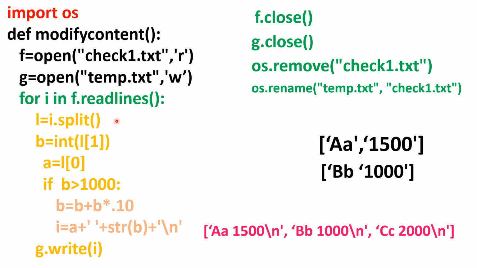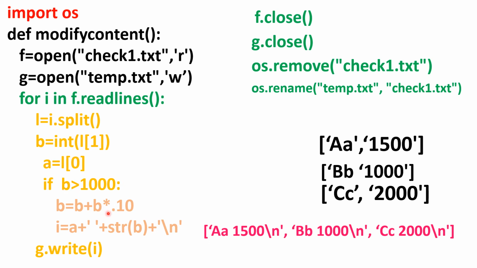Again the loop will move up and pick the third record, that is CC 2000, and after splitting it, it will be in a list like this. The first index contains the name and the second index contains the salary. After converting both into separate variables, we check b: 2000 is greater than 1000.